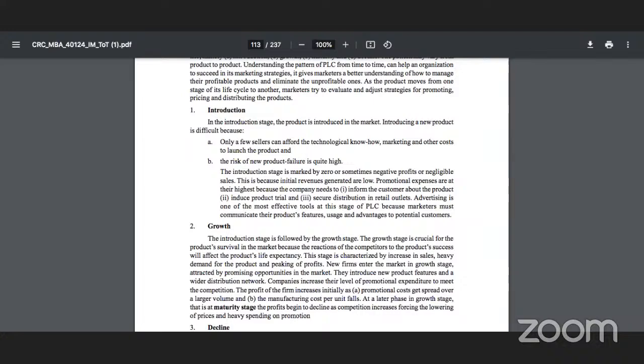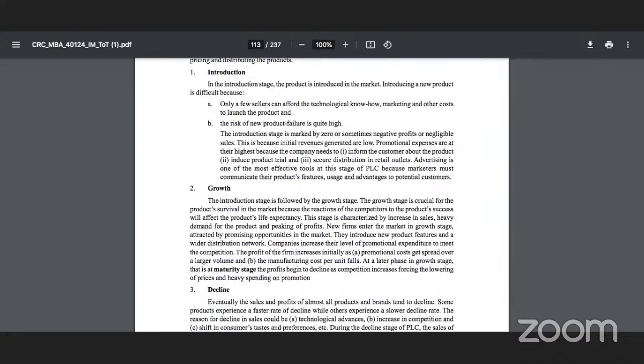Although they are difficult, they would consist of only a few sellers being able to afford the technical know-how, marketing and other costs to launch the product. The second one is the risk of new product failure, which is typically very high. The introduction stage is also marked by zero or sometimes negative profits or negligible sales. So this is the initial stage of the PLC.